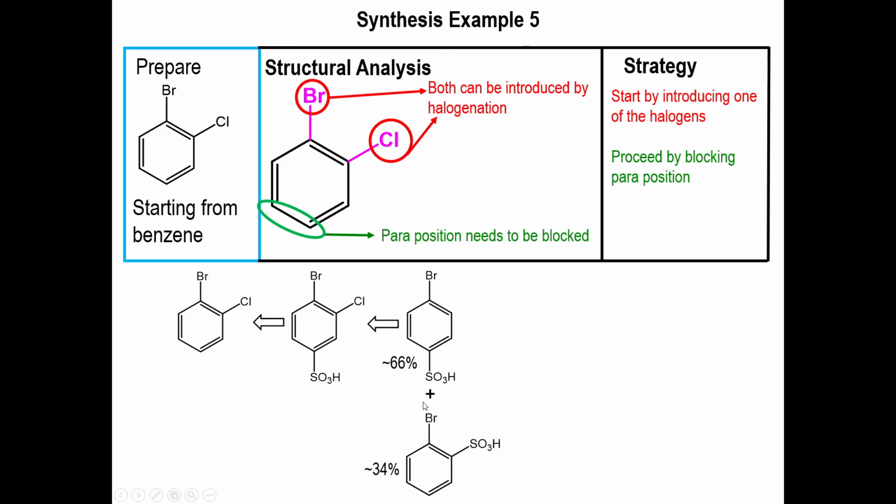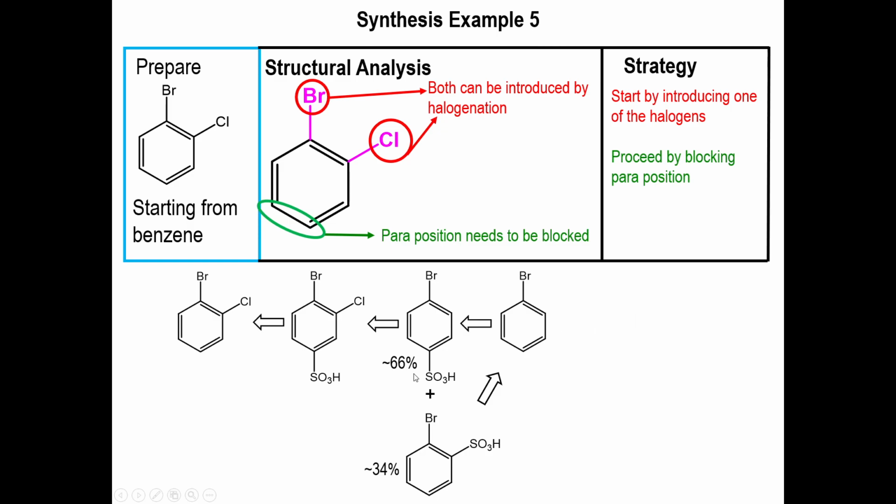Although the sulfonation is going to give you a mixture of ortho and para, you'll have a little bit more para than ortho, so you'll have to do a little bit of cleanup. However, the ortho byproduct that you separate can be turned back to bromobenzene simply by treating it with dilute sulfuric acid. So you don't necessarily have to lose it.